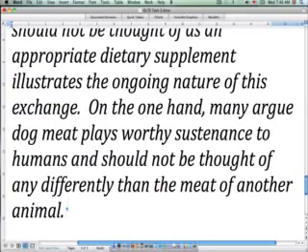Now, we want to present the other side of the argument. So we started this little part with "on the one hand," so let's continue with "on the other."